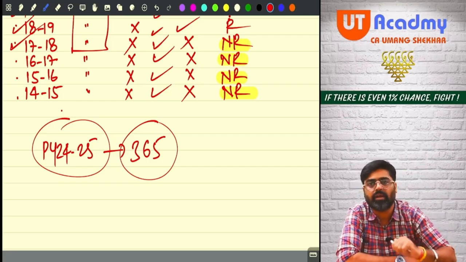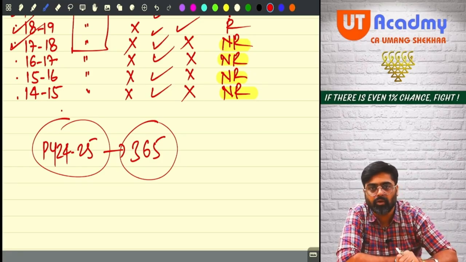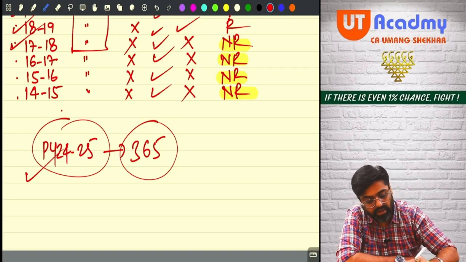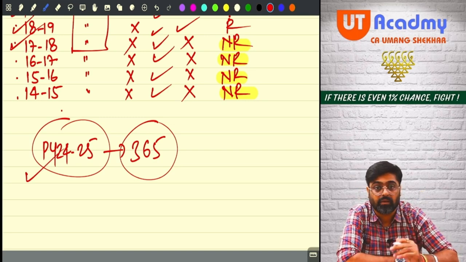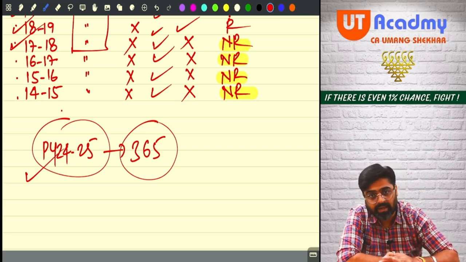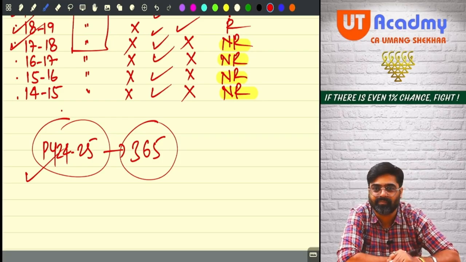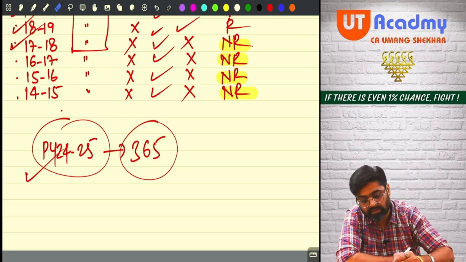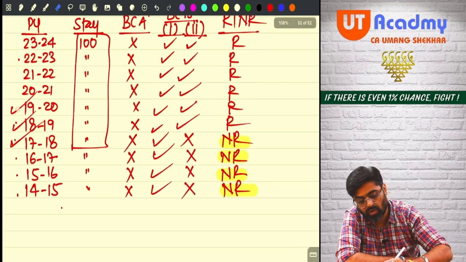He has already satisfied basic condition A. So by satisfying basic condition A, he will become a resident. Now I will have to check that out of the last 10 years, in how many years he is a non-resident.